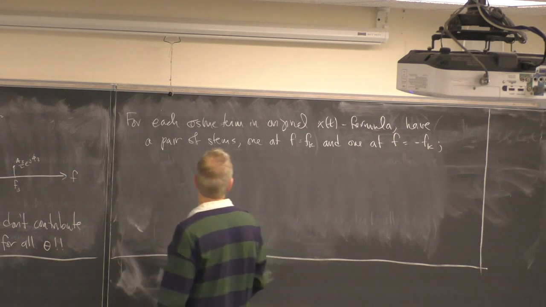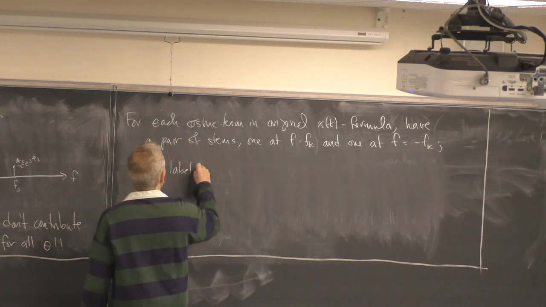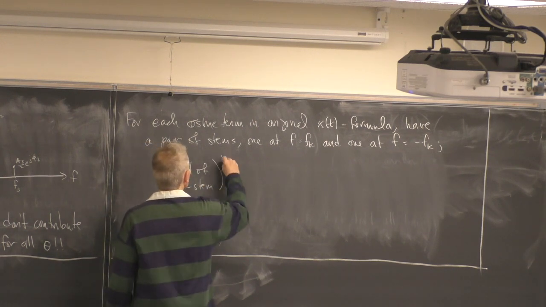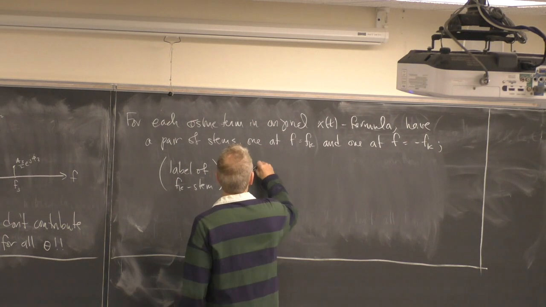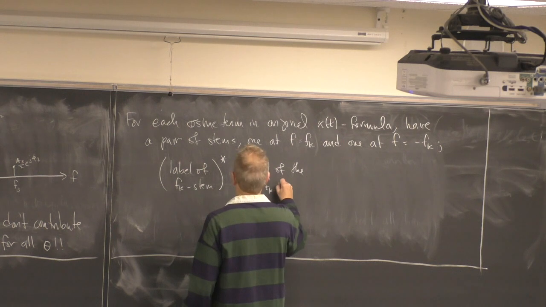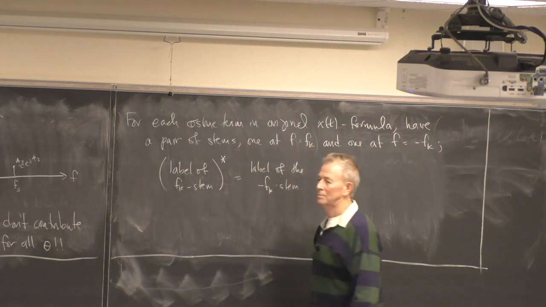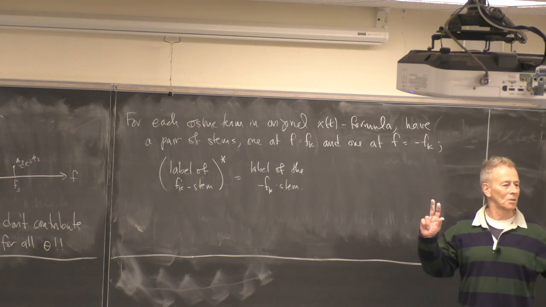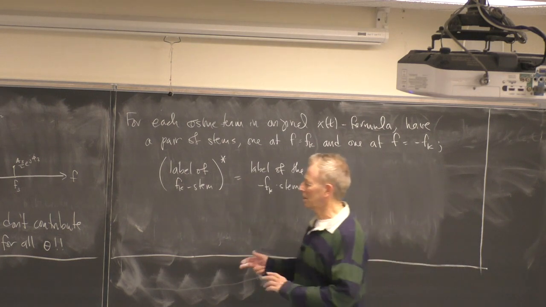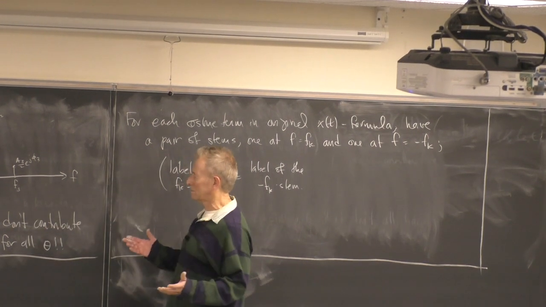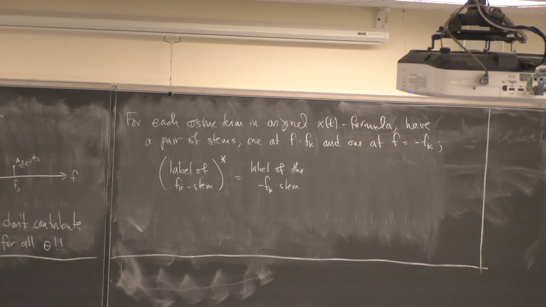And the label of the fk stem, conjugated, is equal to the label of the minus fk stem. So there's this conjugate symmetry going on, and this is something that pops up all the time. We have lots of things that tend to be conjugate symmetric when we're dealing with real valued things.